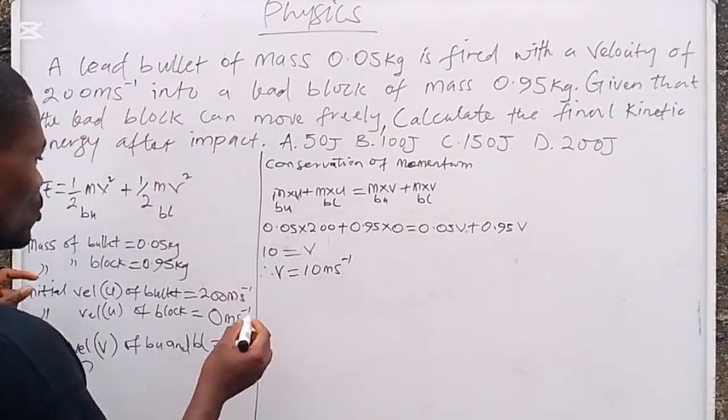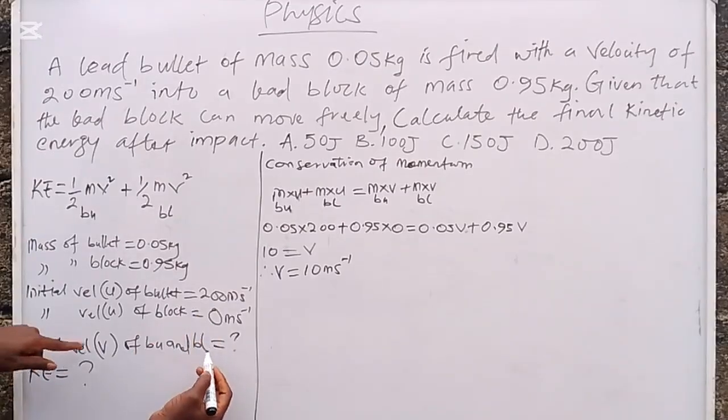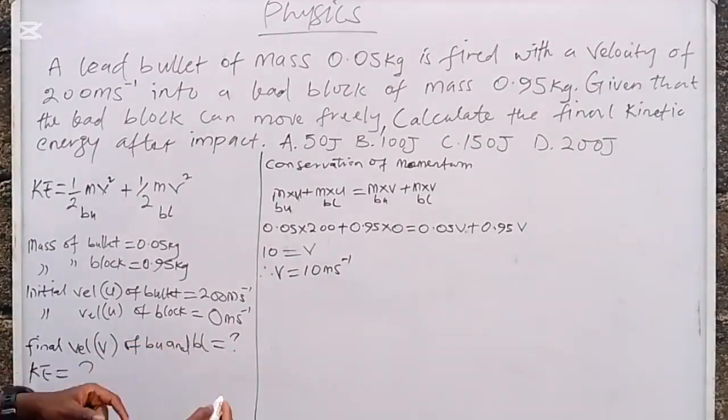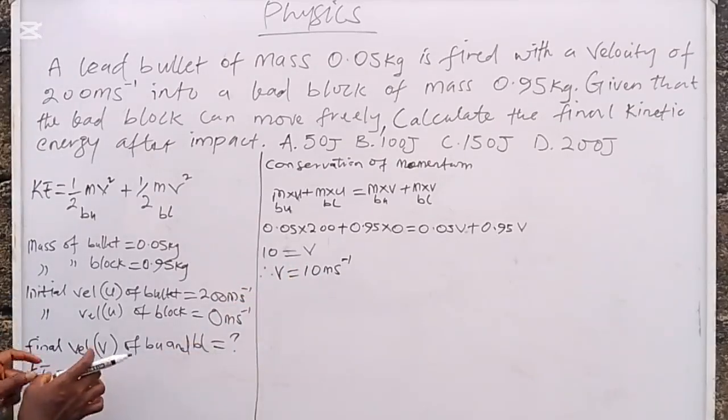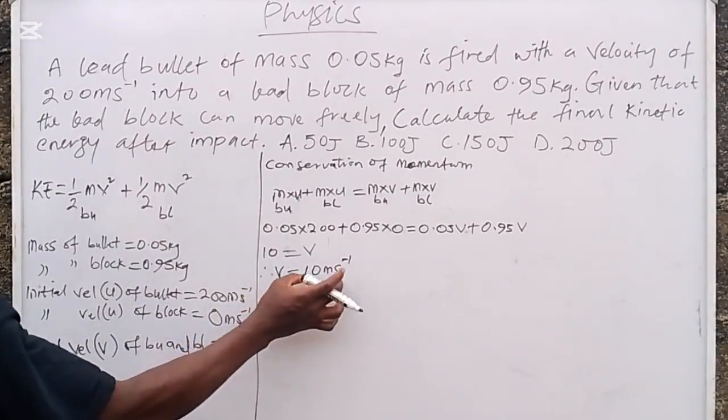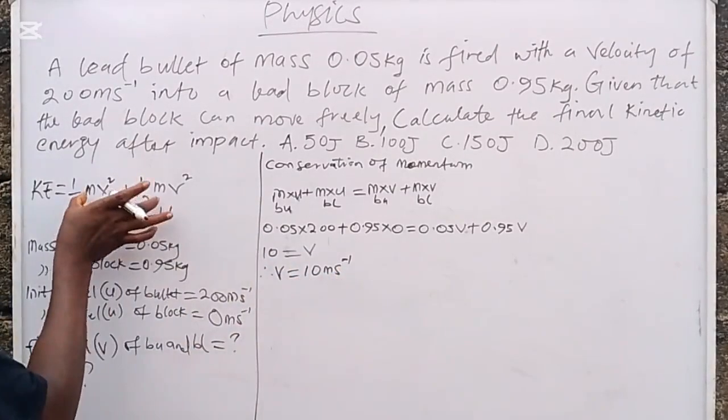10 meters per second. So we've now determined this final velocity of bullet and block to be 10 meters per second. What we need to do is substitute this value of final velocity into this equation.